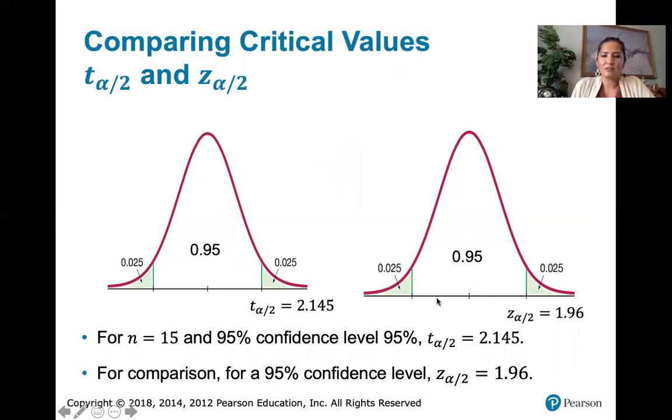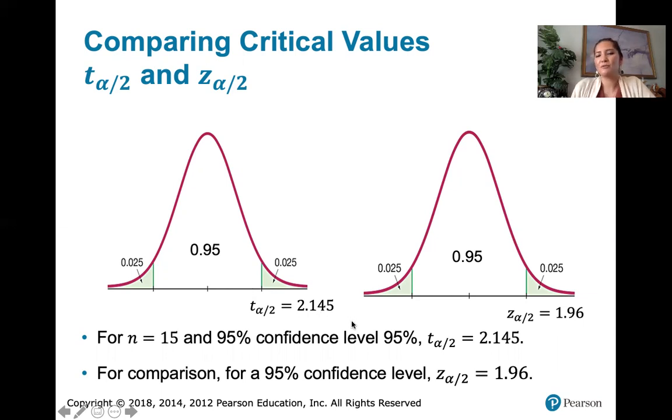But here with the standard normal distribution, z sub alpha over 2 is 1.96. So that z-score separating the top 2.5% from the bottom 97.5% is 1.96, whereas the t-score for n equals 15, for that particular sample size, that separates that top 2.5% of area under the curve from the 97.5% of area under the curve is 2.145.